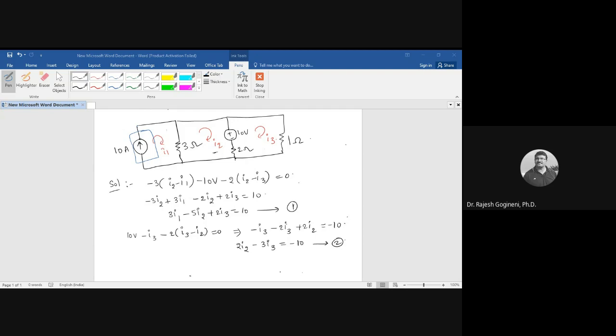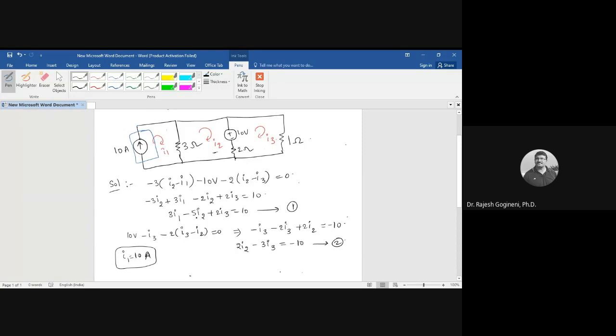I1 and that 10 amperes current source are both in the same direction, so there is no other current. So from the first loop, we can write I1 is 10 amperes. I1 is 10.